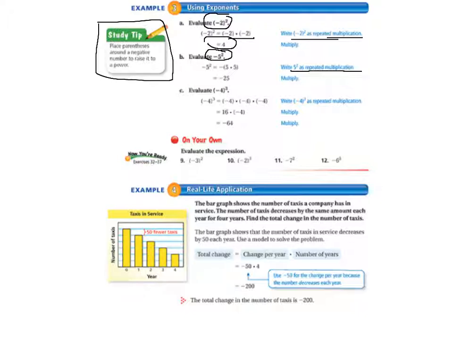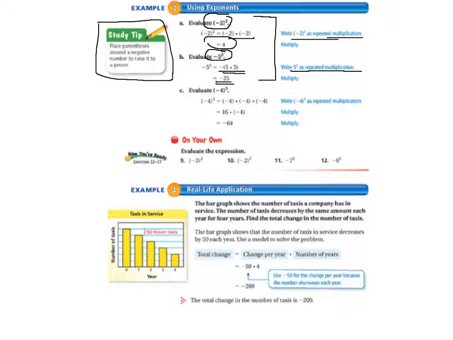We write them together and we put the negative sign on the outside. That's a very important distinction to make. So we have 5 times 5 equals 25, and since there's only one negative sign, our answer is negative.